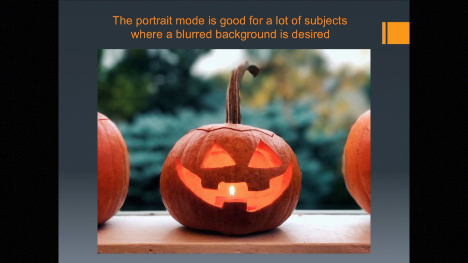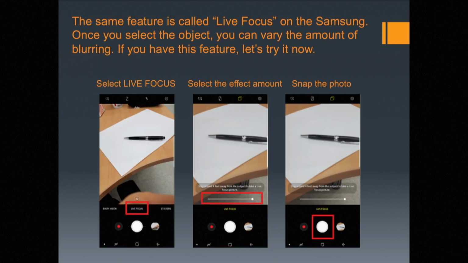Now the same feature is called live focus on Samsung. Once you select the object, you can vary the amount of blurring. So if you have this feature on a Samsung, let's try that, and let's try the portrait feature for you iPhone users. For Samsung, on the bottom there is a live focus menu item.